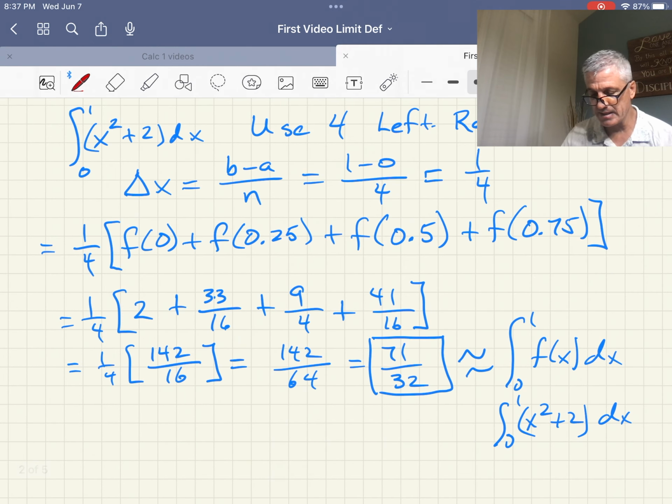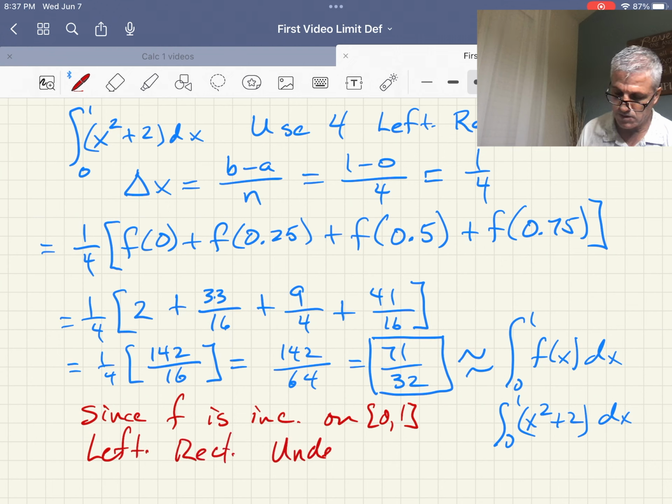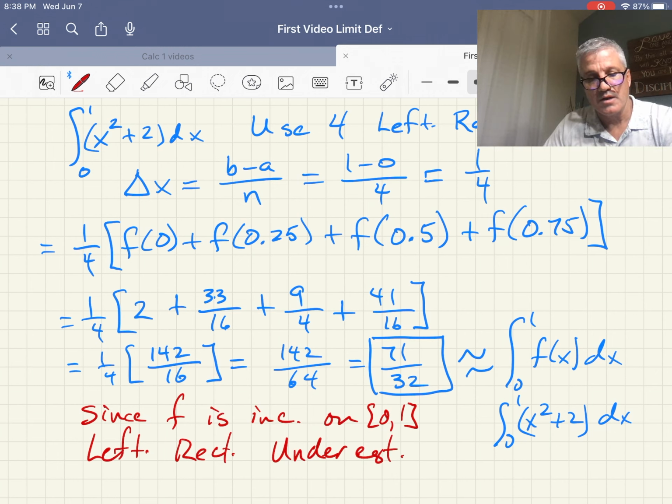And remember what we said, anytime that the function is increasing, since f is increasing on 0 to 1, left rectangles will be an underestimate. Okay? All right.